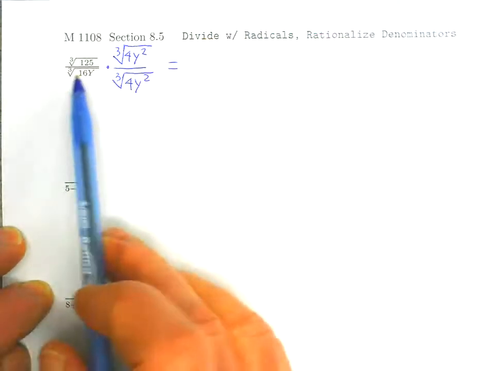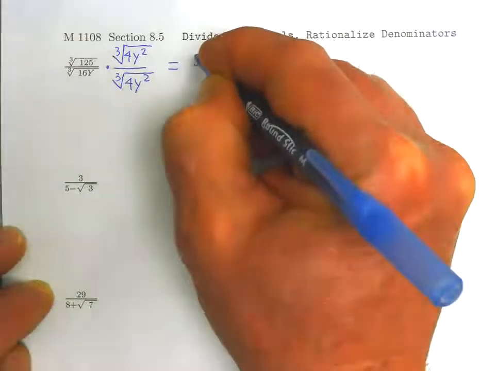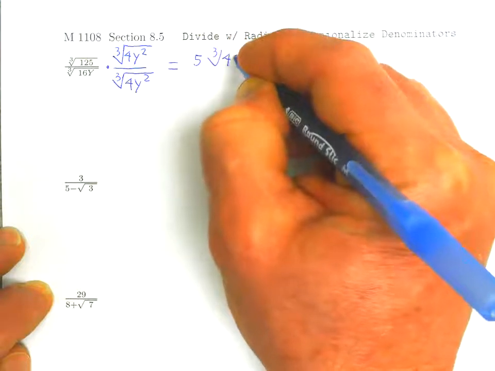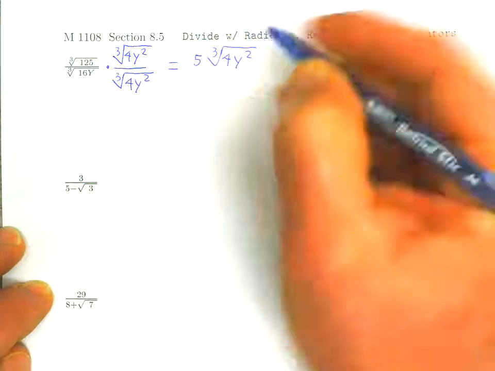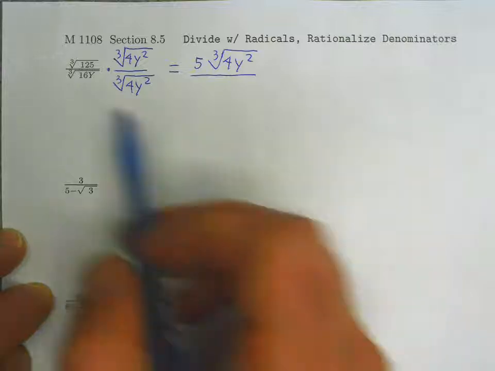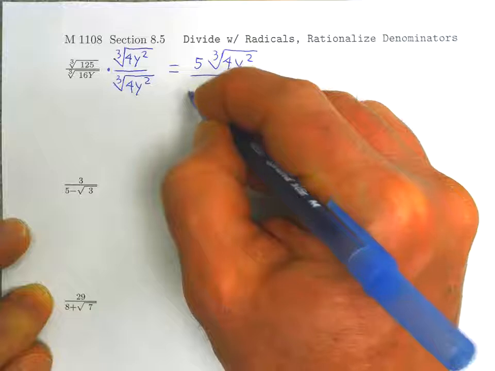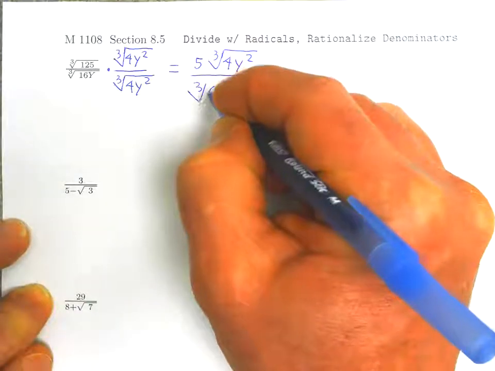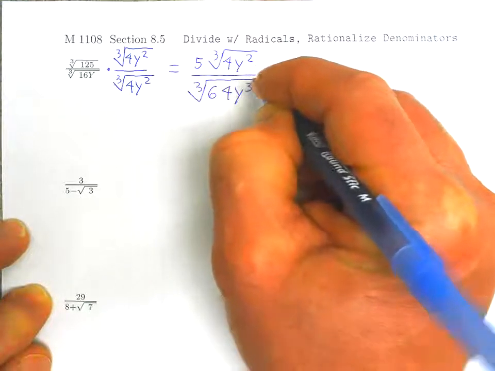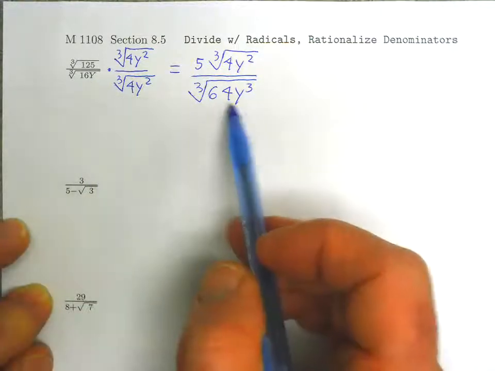And as we already noted, we'll go ahead and simplify the cube root of 125, that's 5. And we multiply 5 times the cube root of 4y to the second in the numerator. And in the denominator, the cube root of 16y times the cube root of 4y to the second is the cube root of 64y to the third, because 16 times 4 is 64, and y times y to the second is y to the third.